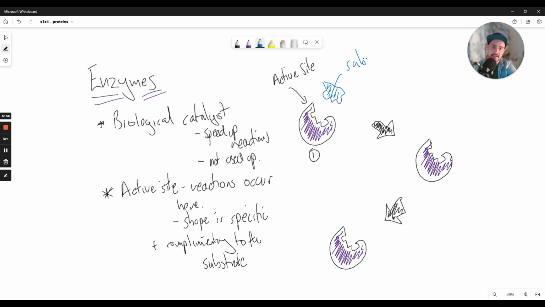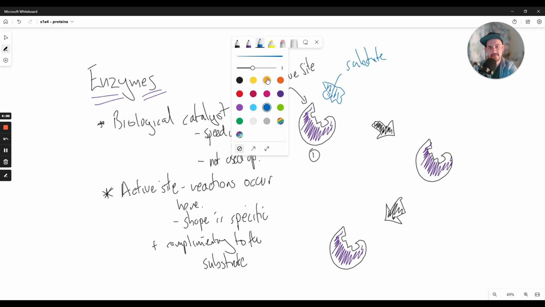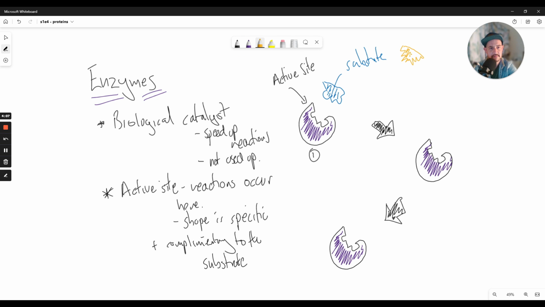So this is our substrate. Now, just to reiterate this, if we had a different substrate, that shape maybe looks like this, okay? It will not fit into this active site. So this enzyme cannot work on this substrate. It will only work on the blue one here, which is specific.